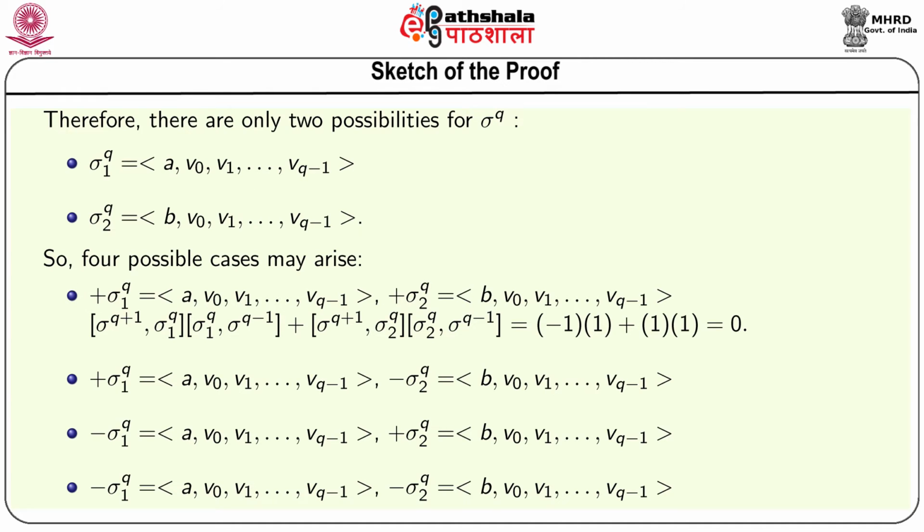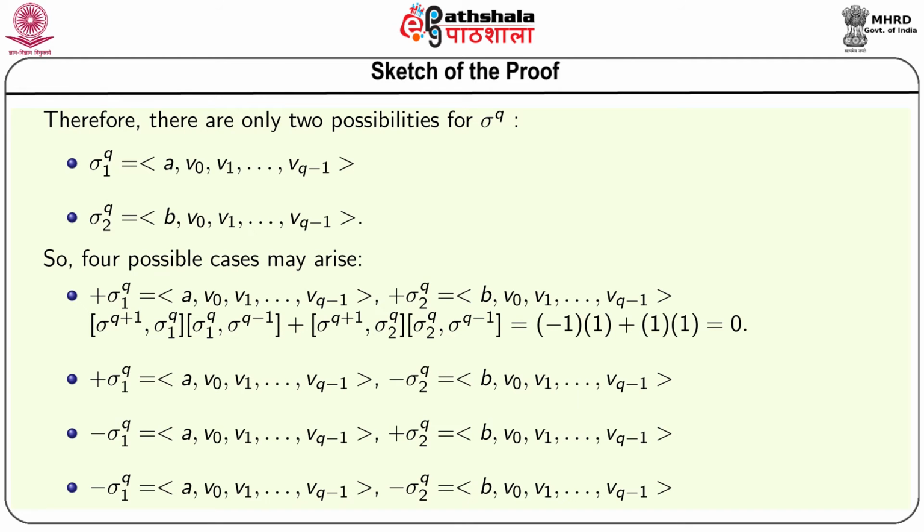First, sigma q1 is positively oriented, sigma q2 is also positively oriented. In such a case, if we calculate the incidence numbers, then we get that the incidence number of sigma q plus 1 with sigma q1 is minus 1, and of sigma q1 with sigma q minus 1 is 1.